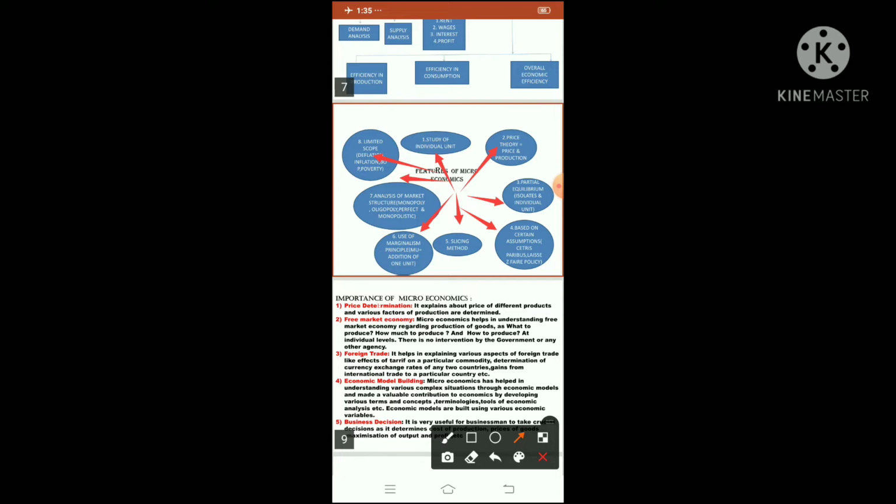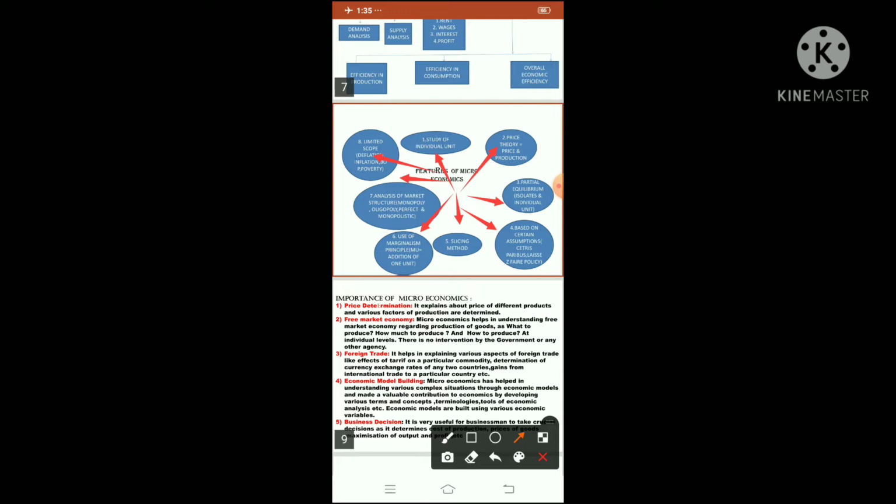Microeconomics has a limited scope, as it does not deal with problems like inflation, deflation, poverty and balance of payments, BOP. BOP means balance of payments. All these factors are studied in macroeconomics more than in microeconomics. Microeconomics helps us, but in a limited way.